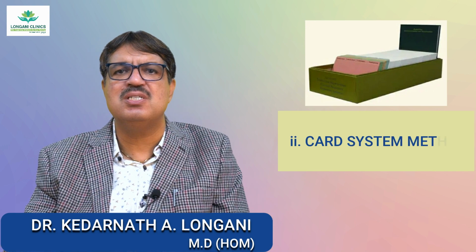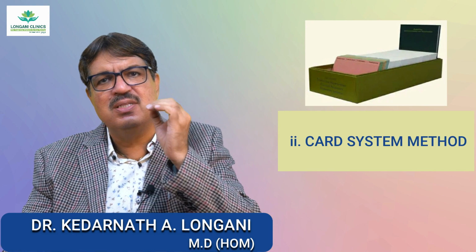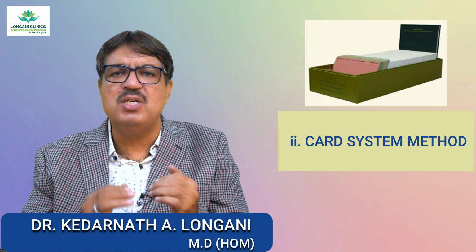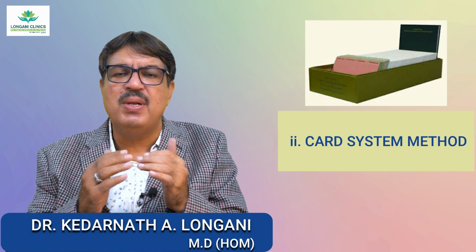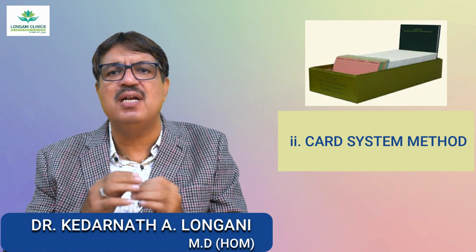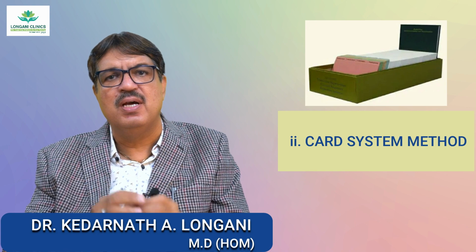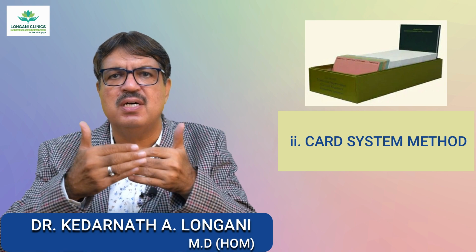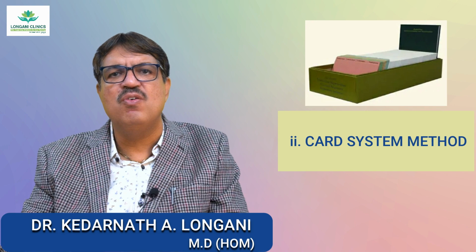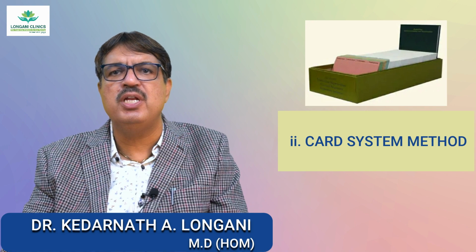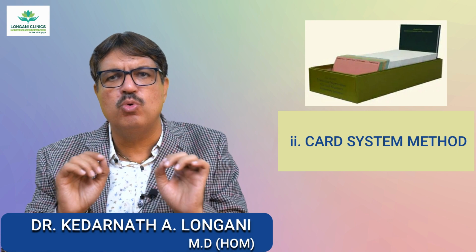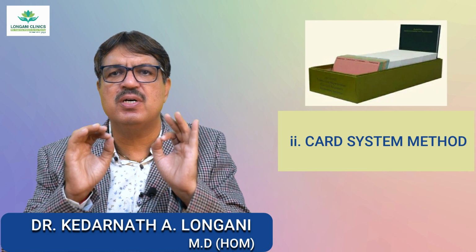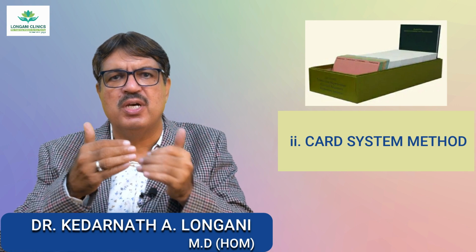The next method is a card system method. These are the repertories which are in the form of prepared cards. Each card represents a symptom. Cards are arranged together and the simillimum is found out. There is no need of writing down or bookmarking. Only the cards are shuffled together.